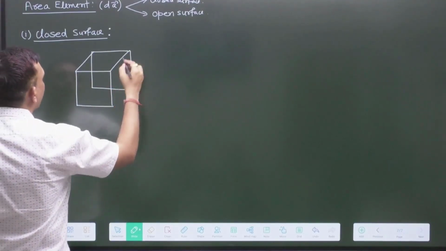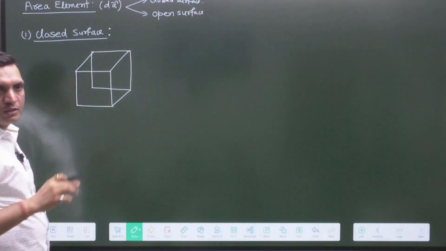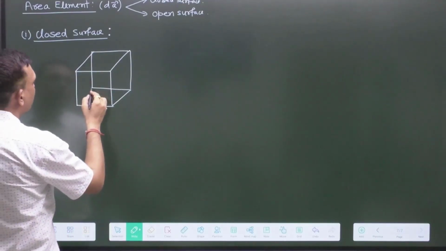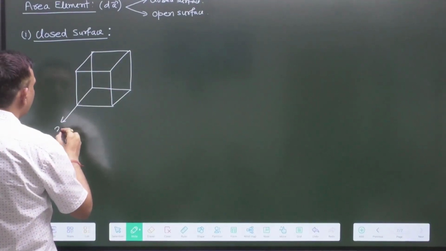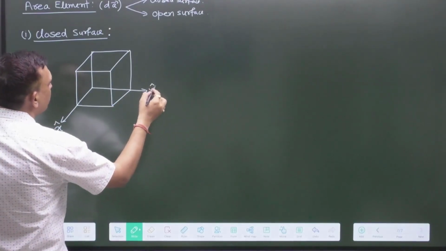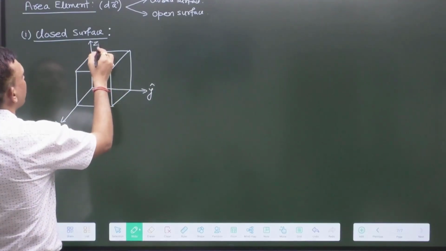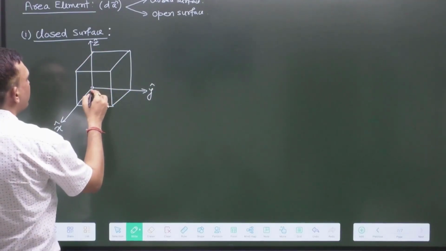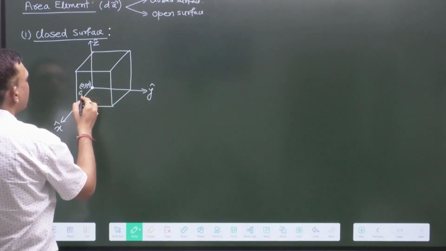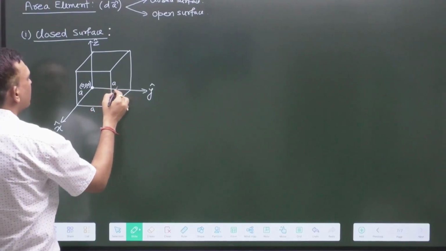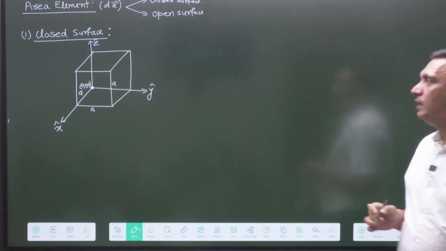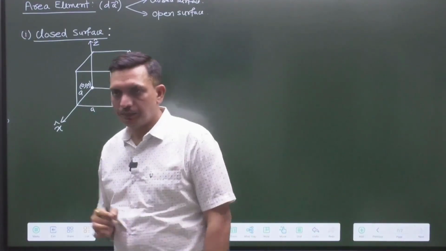In spherical polar coordinates, we will talk about symmetry of a sphere, and cylindrical symmetry of a wire. So let's consider this cube. This is x cap, this is y cap, and this is z cap. This point is the origin, whose coordinates are 0, 0, 0, and the sides are A.